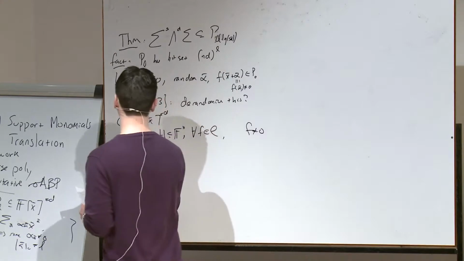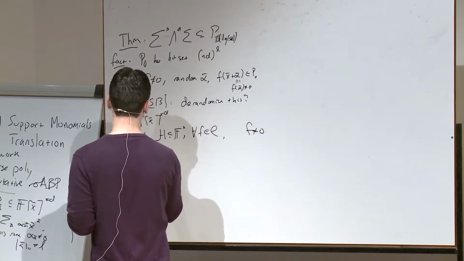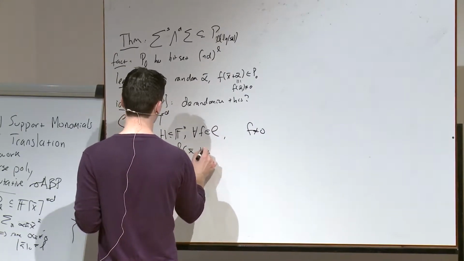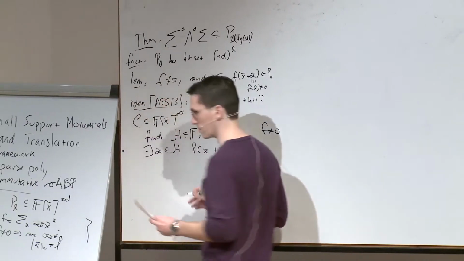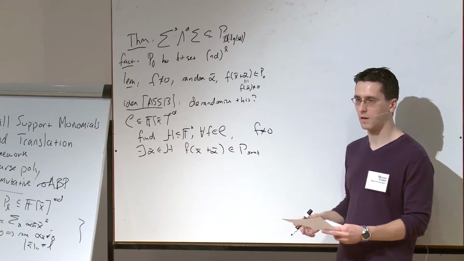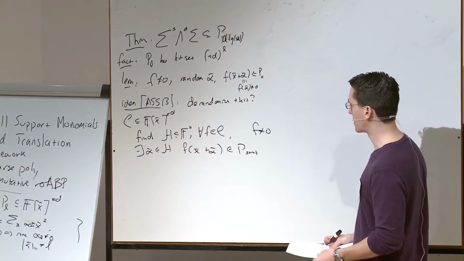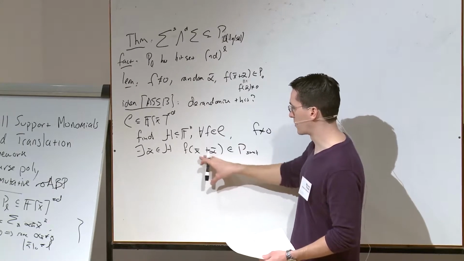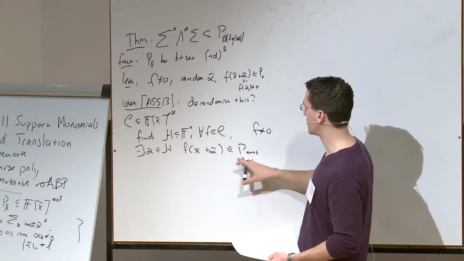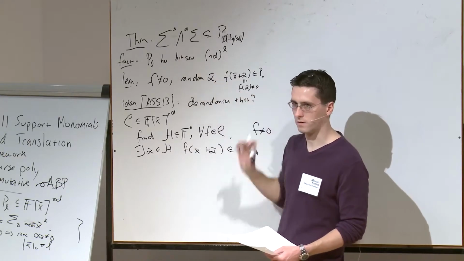Right? There exists some alpha in H such that f of x plus alpha is in p sub small. So, small depends on exactly how it goes. But basically, if you have this situation, it's still a polynomial in x. It's in p sub small, and then you apply your thing here.